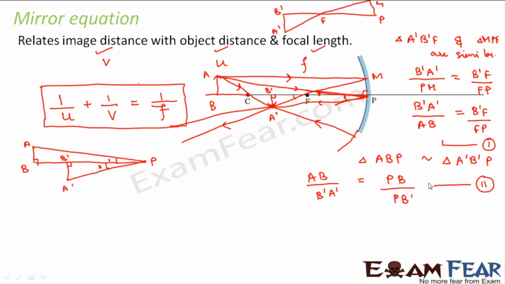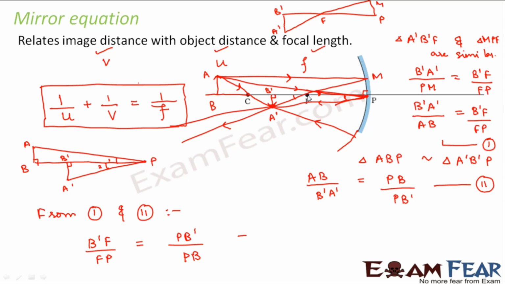So if you compare equation 1 and equation 2, you see that the right hand side has got similar values, right? So from equation 1 and equation 2, we can say B'F divided by FP is equal to PB' divided by PB. Now if you look at this figure, what is B'F?